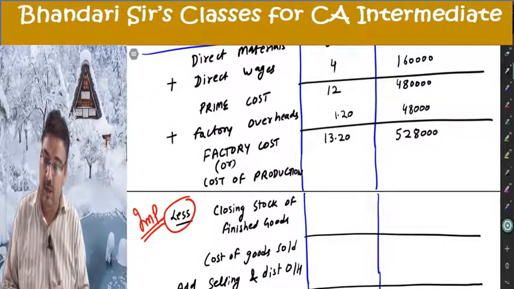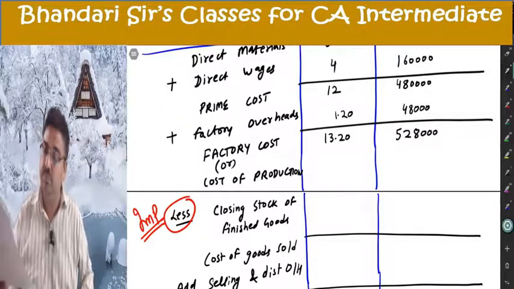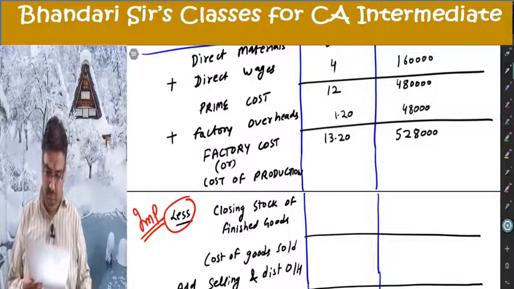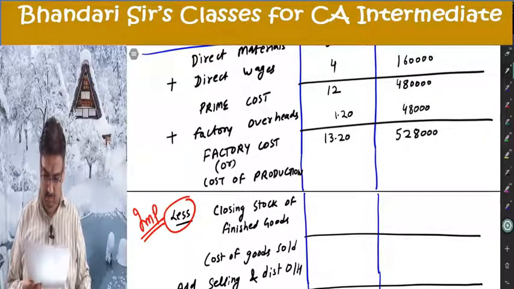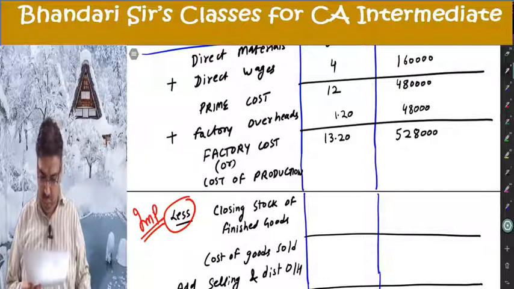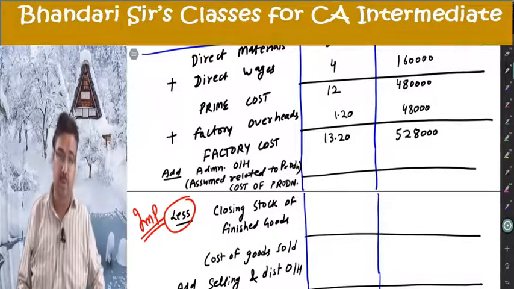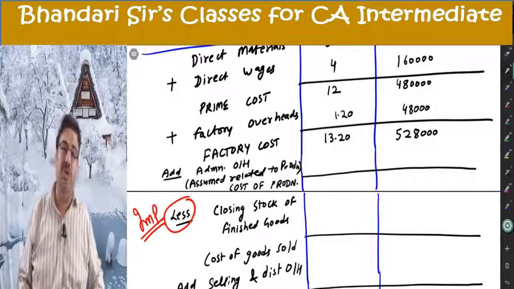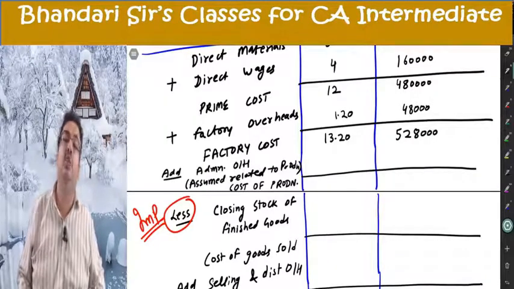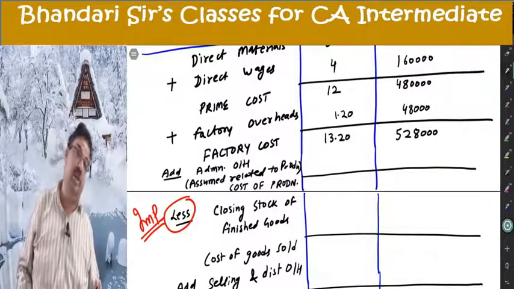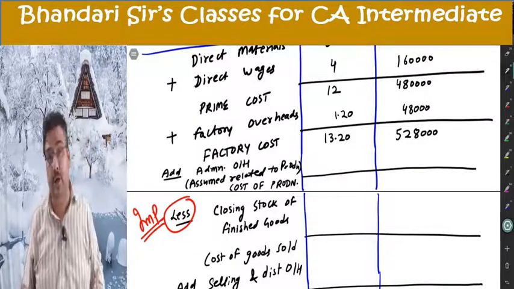Okay. There was administration related to production. So after factory overheads, I'll put administration overhead, assumed to be related to production. Nothing is given. It's not general administration overhead.